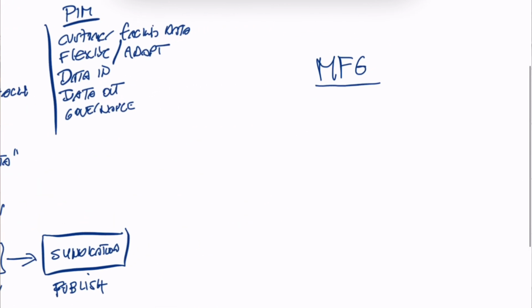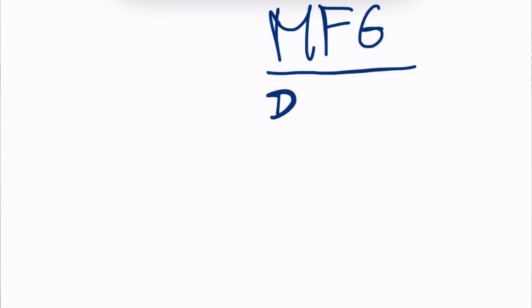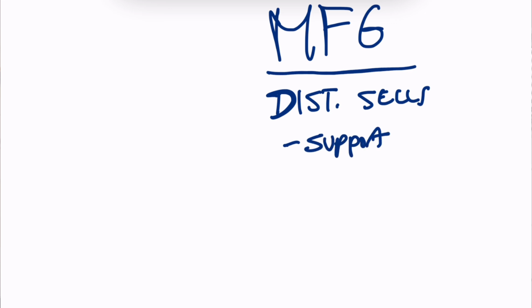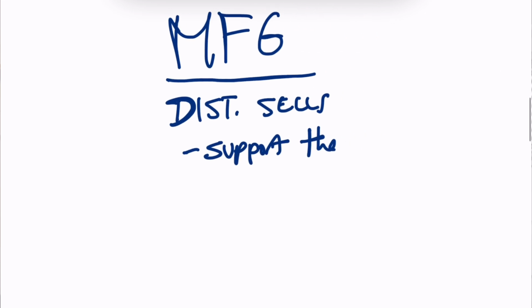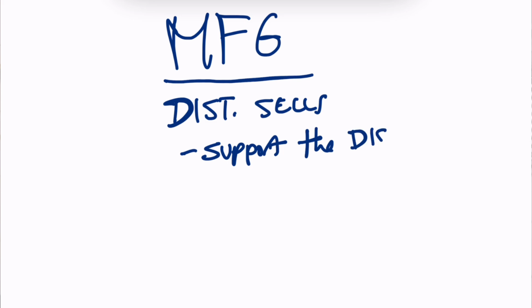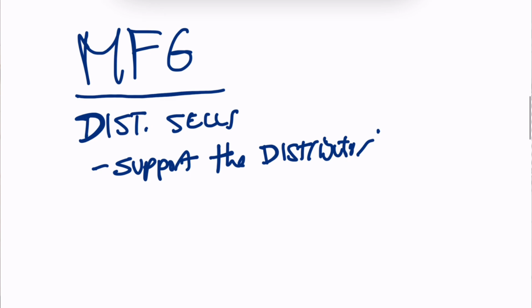So when we look at a manufacturer, what's interesting is that because the distributor sells, a manufacturer's typical digital strategy has as its first priority to support the distributor's e-com strategy.